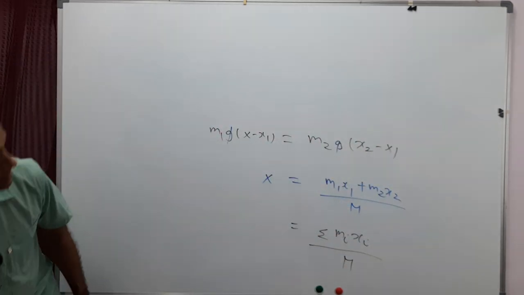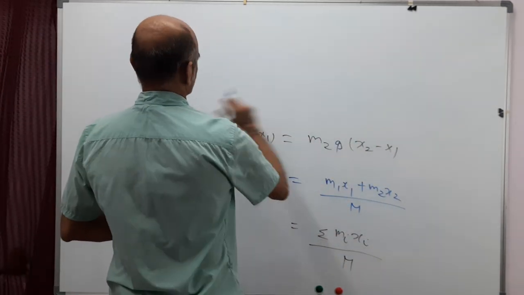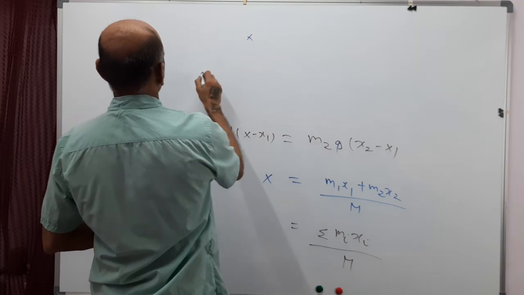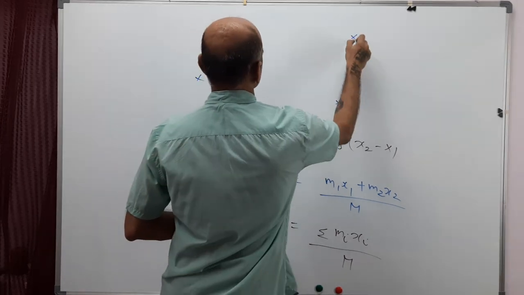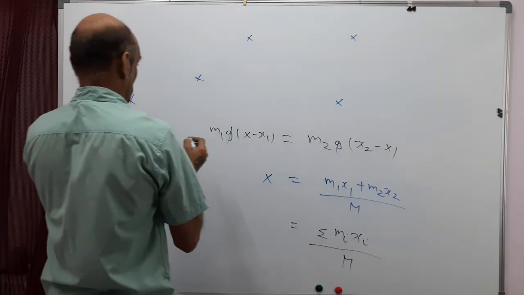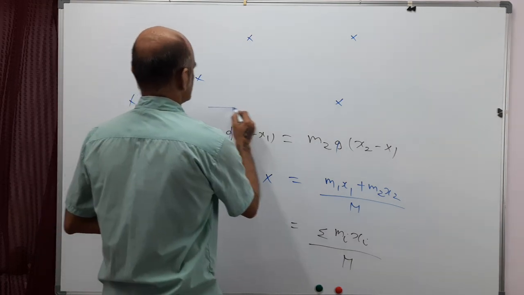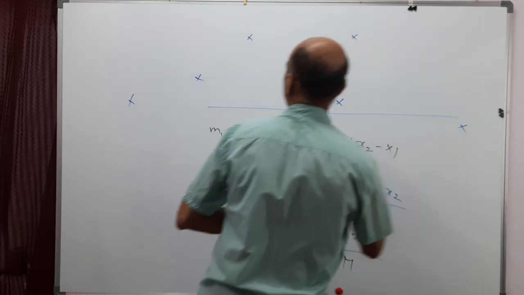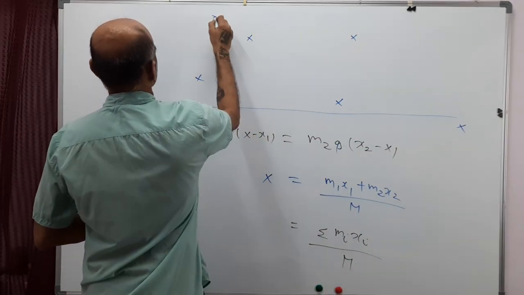Now instead of restricting the masses only along the x-axis, we can have them anywhere along the plane of this board. This is the x-axis, and we can have the y-axis here.